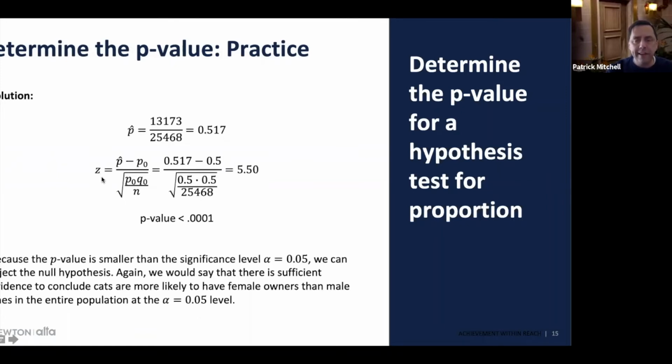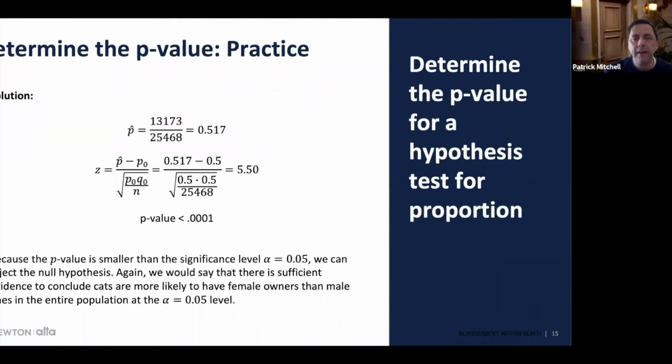And then for the test statistic, I just used the same one I used in the last video. P hat is 0.517. The hypothesized population proportion is 0.5. The claim is that more cat owners are female than male, all right?